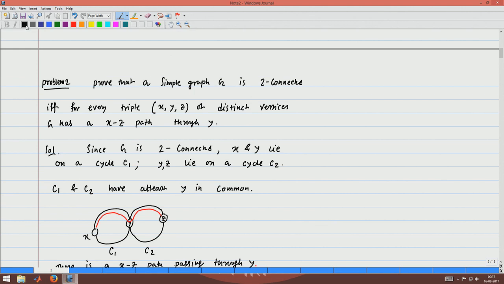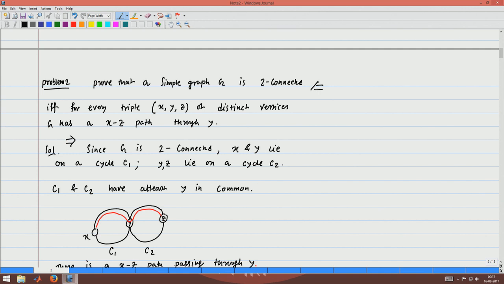So we have proved that if graph G is two connected, then for every triple x, y, z of distinct vertices, G has an xz path passing through y. That is what we proved just now. So, this is the if part.